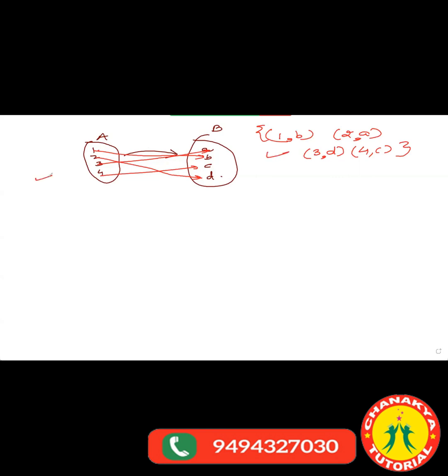By observing this mapping, or arrow diagram, you can write the ordered pairs, the function, okay?